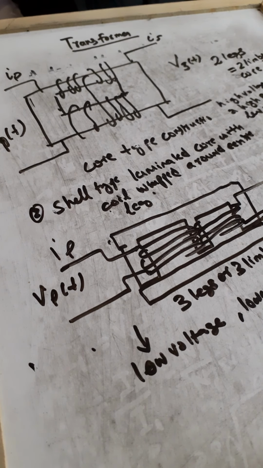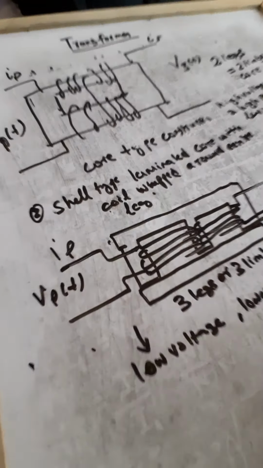The core of the transformer is laminated to reduce the area of the current that passes through it, which reduces the eddy current losses. The entire core is constructed of cold rolled grain oriented steel. This is a very important question which appears time and again in the examination.